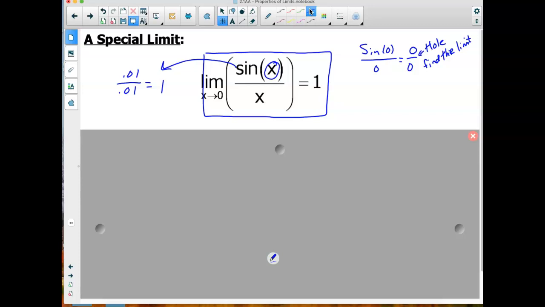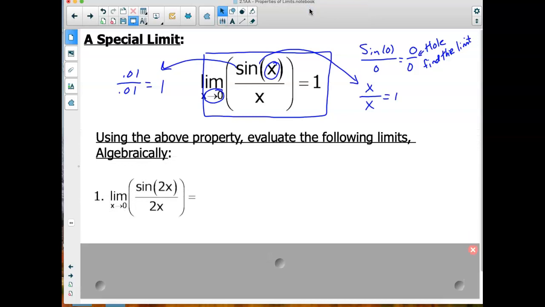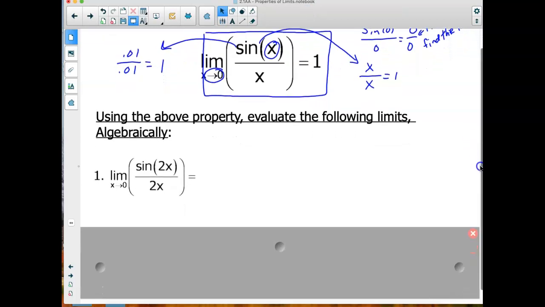As long as I'm super close to 0, sine x is virtually going to output whatever I plugged in, and I'm plugging the same number in the top and the bottom, and that's why it's 1. We're going to use that concept here now. What do you think number 1 would be?